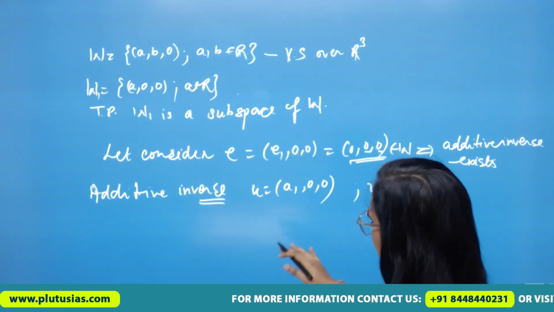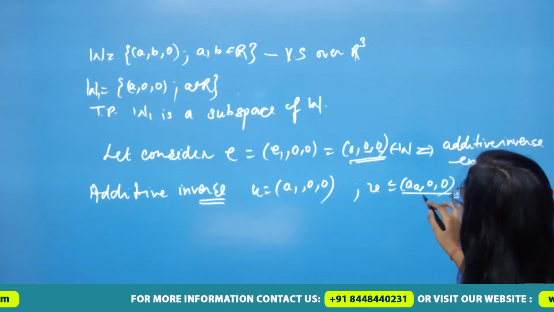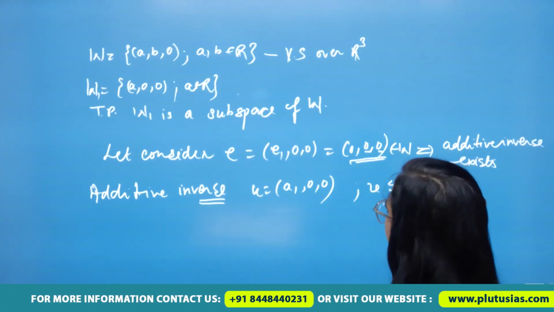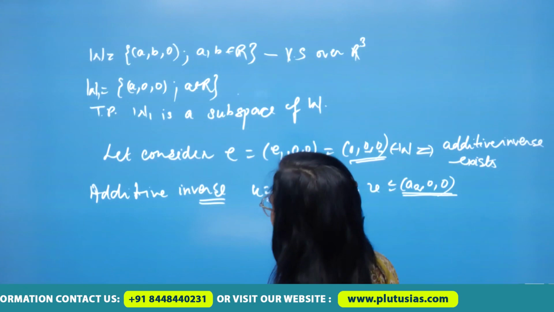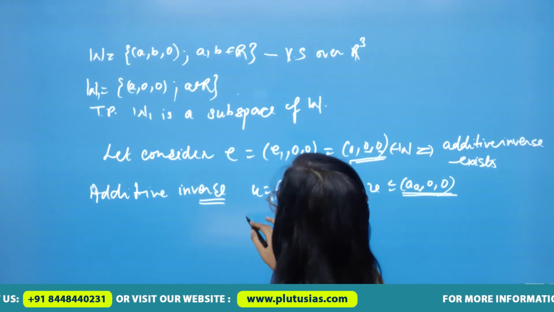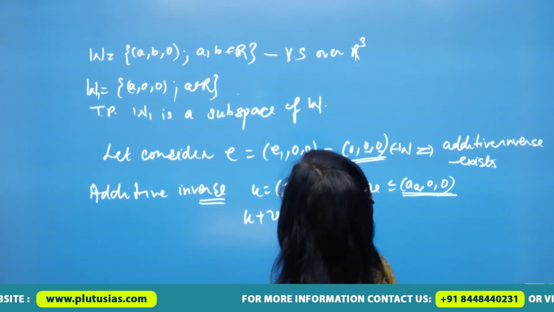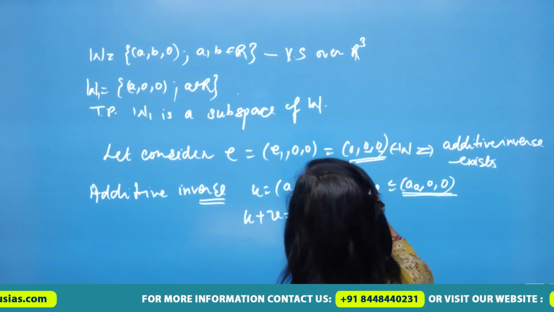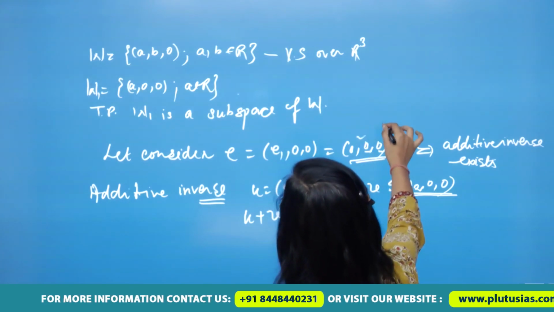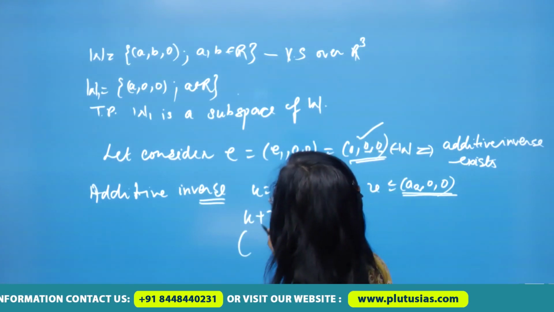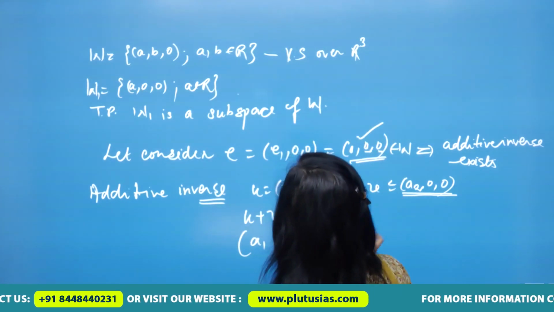We will consider this, and we will find out what v turns out to be. If it is the additive inverse, then u plus v should be equal to the identity only, right? And we have found our identity already. So u is a1 plus v is a2.